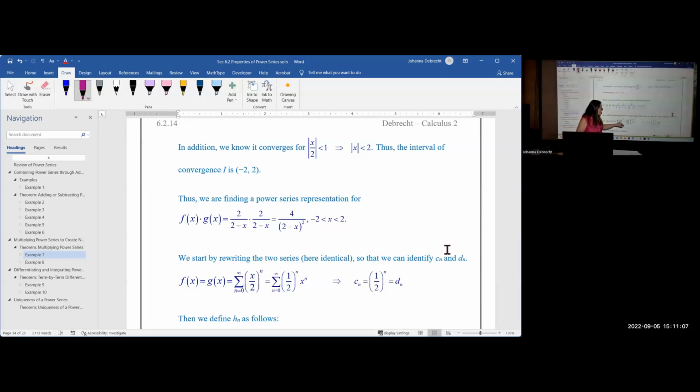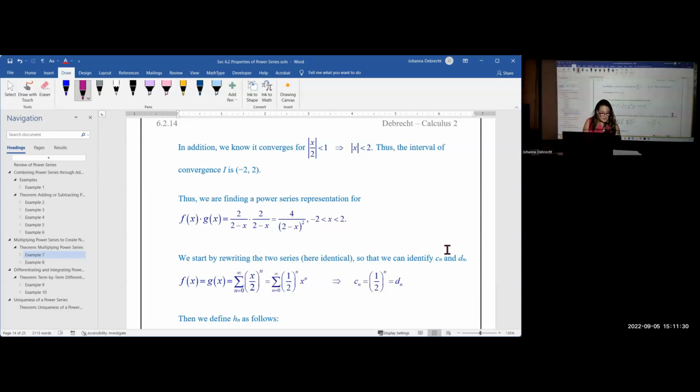So we separate the 1/2 from the x. This gives us 1/2 to the n times x to the n, which means, since these functions are identical, the same power series, that both C sub n and D sub n are 1/2 raised to the nth power, or 1 over 2 to the nth. You could write it that way as well.